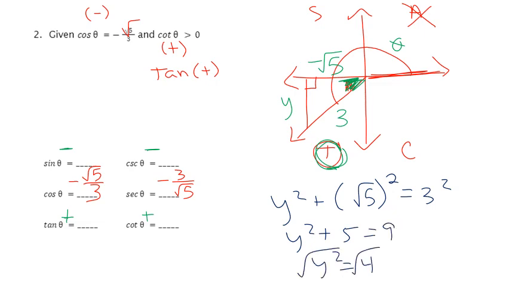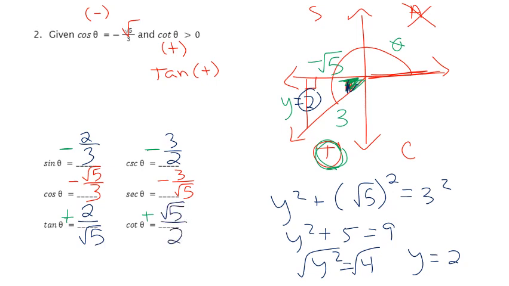And we're going to get 2. And so now the sine is going to be 2/3. So it's actually negative 2/3. That's why it's kind of nice putting the sign there in advance. Cosecant's negative 3/2. And then tangent would be 2 over radical 5, or radical 5/2.